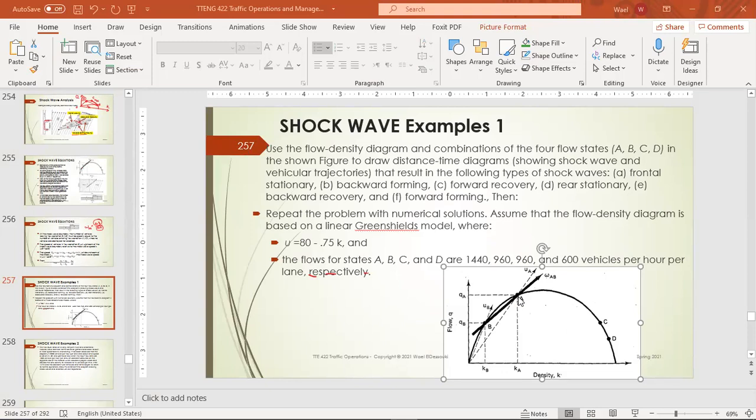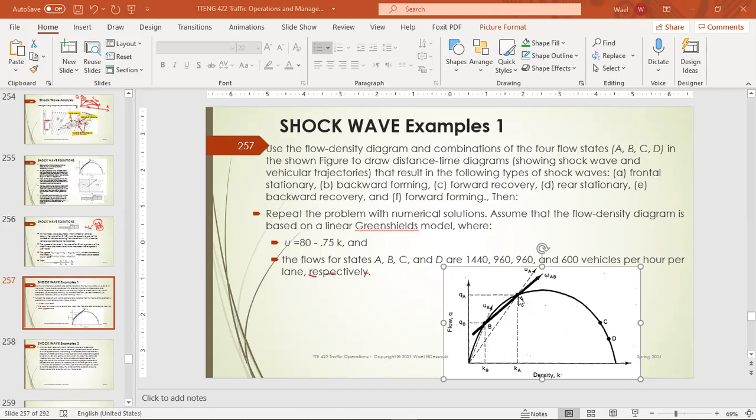Draw a distance-time diagram showing shock wave and vehicular trajectory that results in the following types of shock waves: A, frontal stationary; B, backward forming. Backward forming can be from state B to state D.